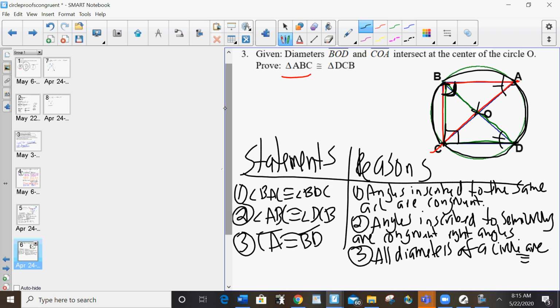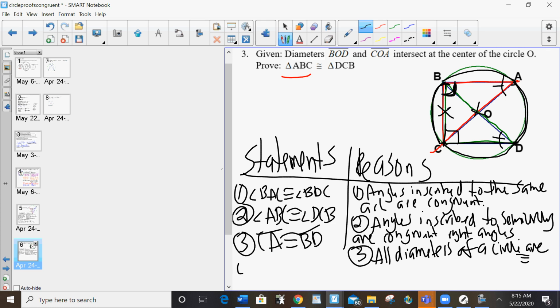I'm done. I can now say AAS, but I do have a fourth thing. I use all my inscribed angles, radii, and diameters, but if I go to my additional tools, I do have reflexive property of BC. So I can say that BC is congruent to BC, reflexive property. I'm not, just because I have my three things already, and this is already messy enough.